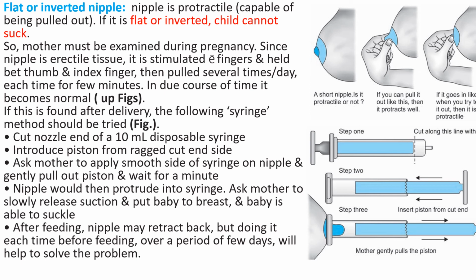If this is found after delivery, the following syringe method should be tried, as in the lower figure. Cut the nozzle end of a 10 ml disposable syringe and introduce the piston from the ragged cut end side. Ask mother to apply the smooth side of syringe on the nipple and gently pull out the piston and wait for a minute.